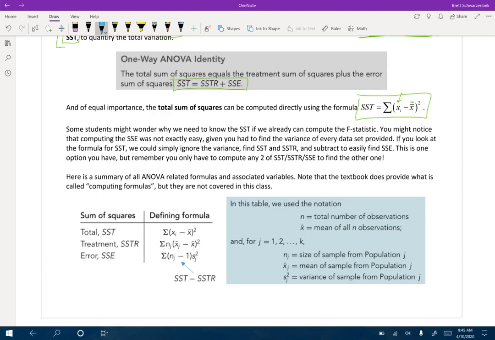It's actually taking these two, finding them with a table, and then subtracting SST minus SSTR to find the error. It's worth noting in these scenarios that knowing all three formulas is obviously usable, and we're going to be going through and applying this in this section.